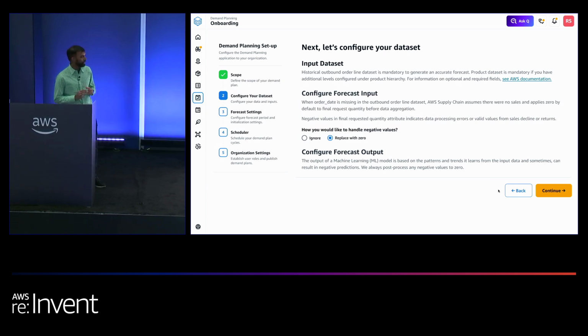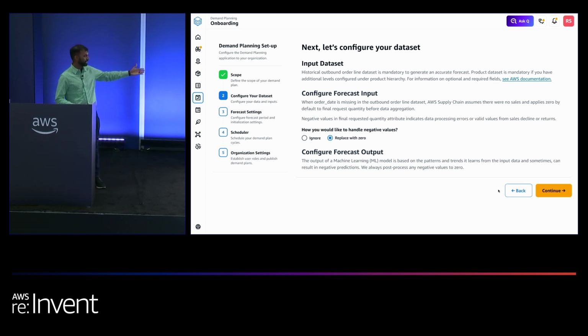Now, at this point, the assumption is that the application has the data that it needs to generate the demand plan. But we all know that not all data is equal. There are data quality challenges and data integrity challenges that come with your data set. Not to worry, the application allows users to control how those input data points are massaged before getting into the planning engine.